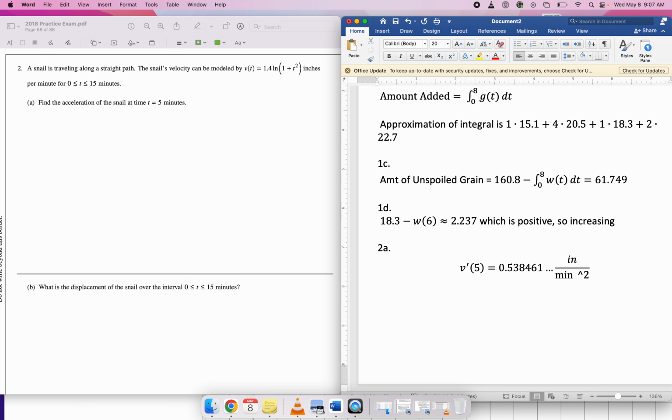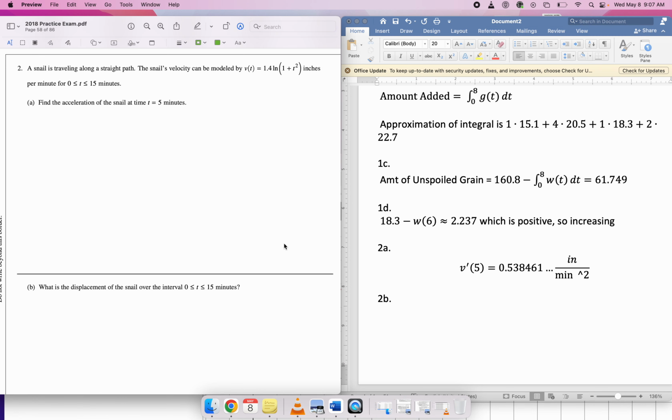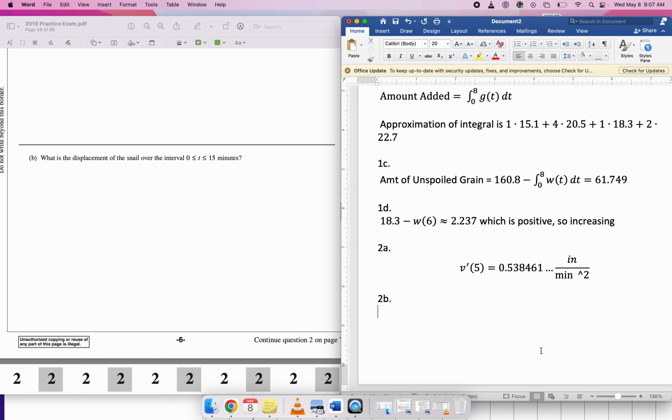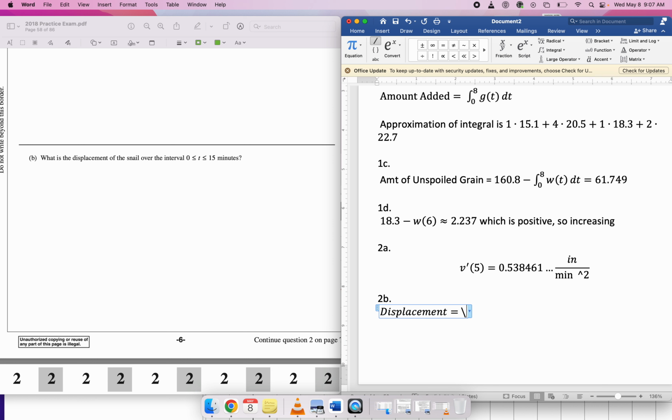Okay. 2b, what is the displacement of the snail over the interval 0 to 15? Displacement is just the integral of the velocity function. So from 0 to 15, v of t dt. It's not the absolute value.